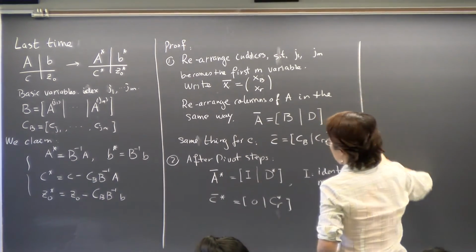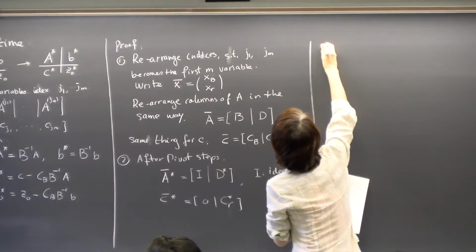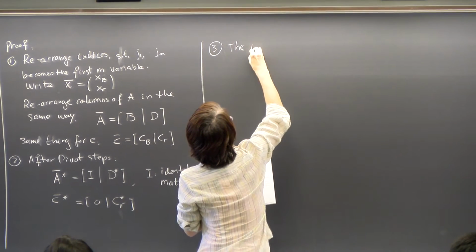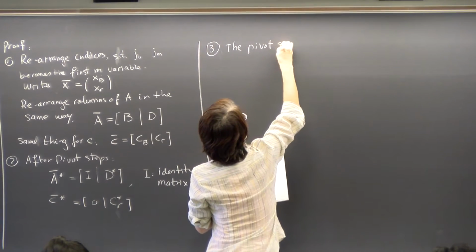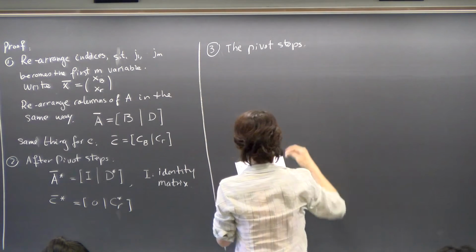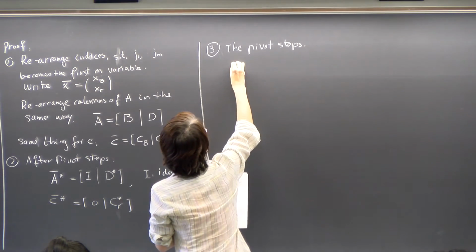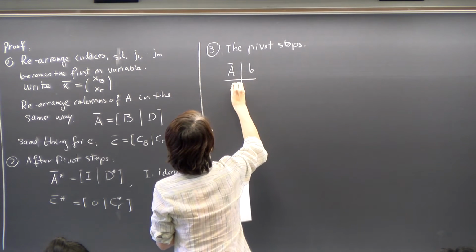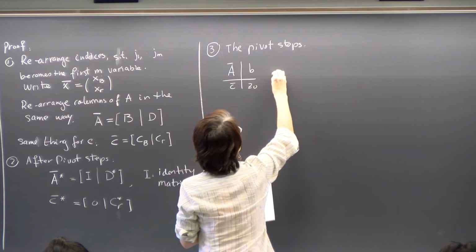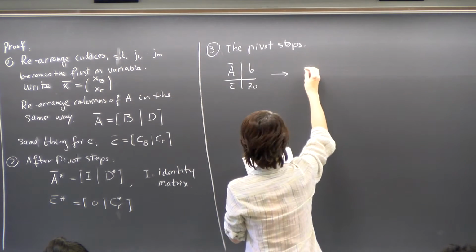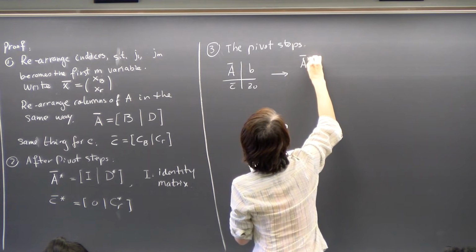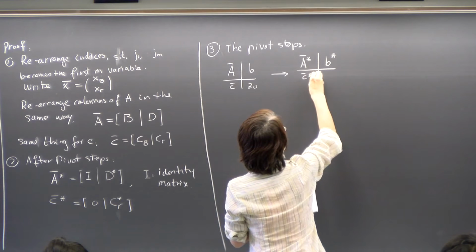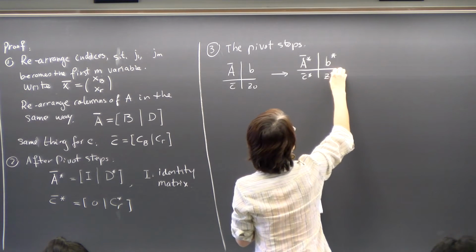All right. So, okay, now let's interpret this pivot step. So what did we really do? We took the A bar and B and C bar, Z naught. After pivoting, I end up with A bar star, B star, and C bar star, and Z naught bar.